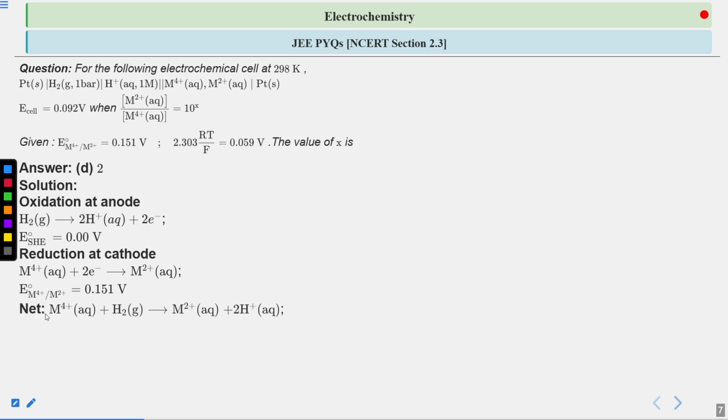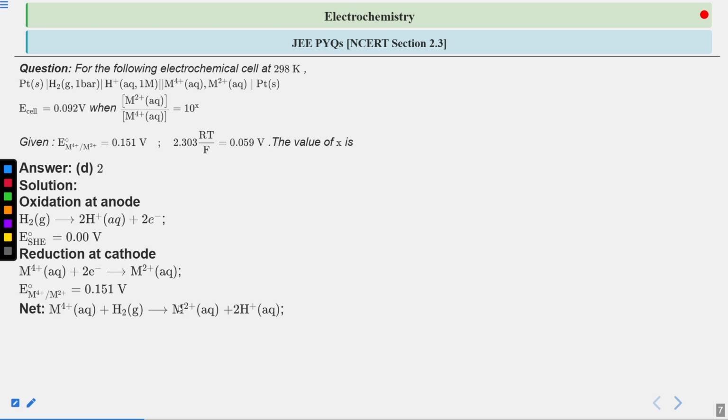So the net reaction will be M4 positive. For the net reaction, we add the two reactions which are happening at the anode and the cathode respectively. So when you add these two reactions, of these 2 electrons, one is present at the right hand side of the arrow of one reaction, and the other 2 electrons in the other reaction are present at the left hand side of the arrow, right? So they will cancel out and the remaining terms will add up. So M4 positive plus H2 will give you 2H positive and M2 positive.